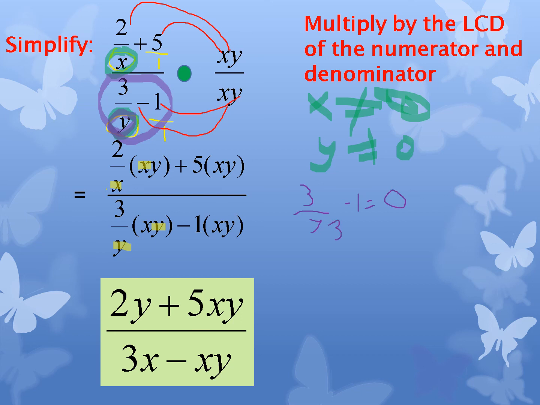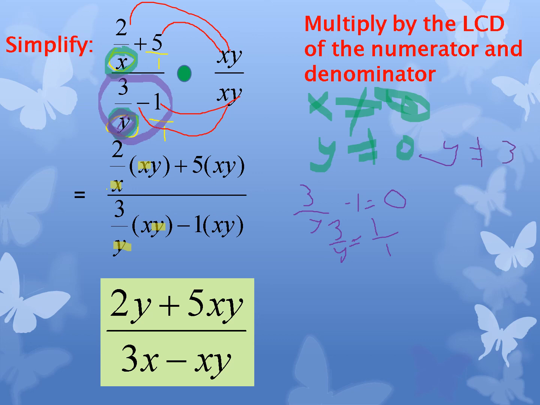I add 1, so I get 3 over y equals 1. Now, he doesn't have the denominator, but I can put him over 1 without changing his value. And then I cross multiply, and I find out, well, hey, y also cannot equal 3.